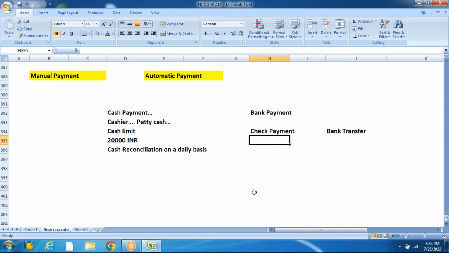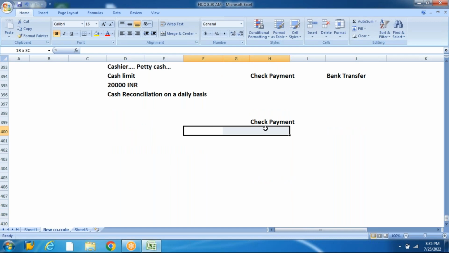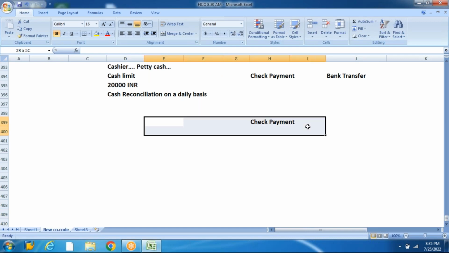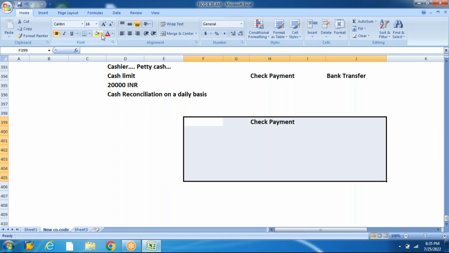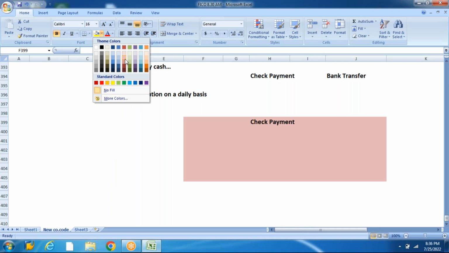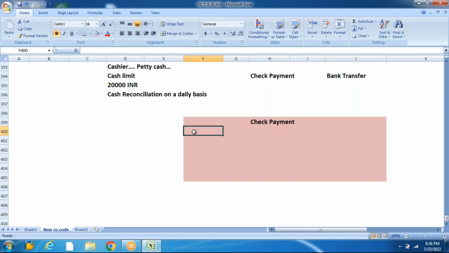Now, to issue a check, what information is needed? Assume this is my check. In this check, what information is there? You will find a name, date, the rupees involved, and a serial number.